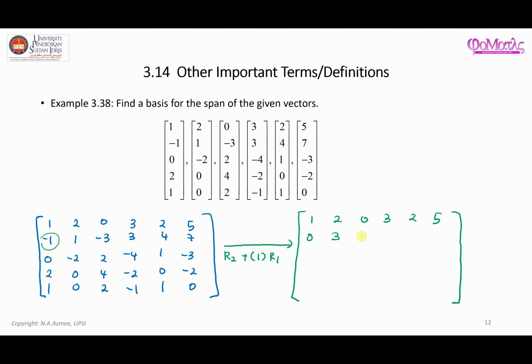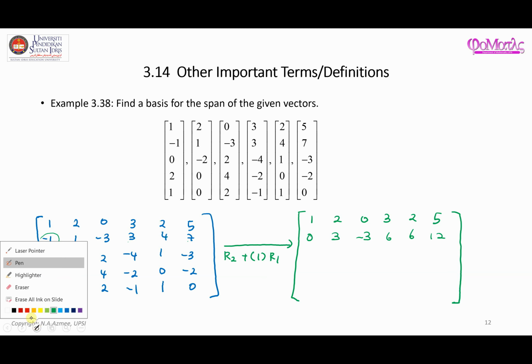Negative 3 plus 0 is negative 3. 3 plus 3 is 6. 4 plus 2 is 6. 7 plus 5 is 12. So that is the result for the second row.